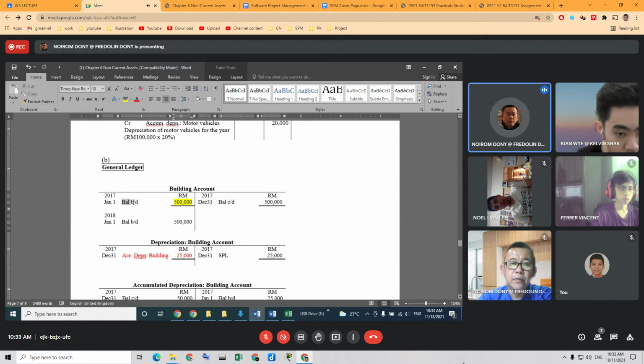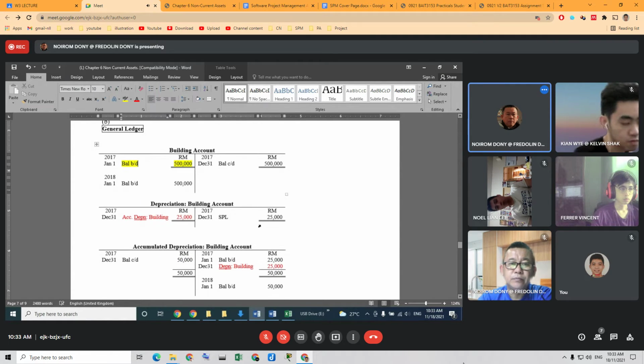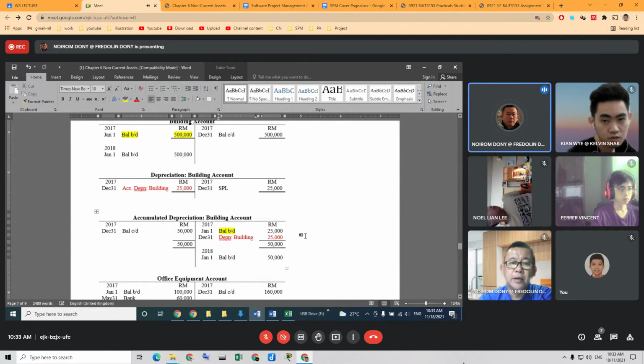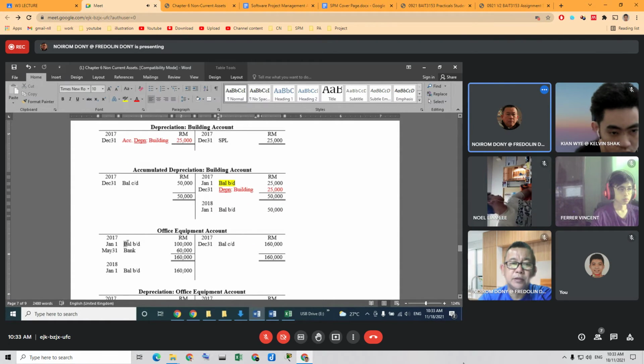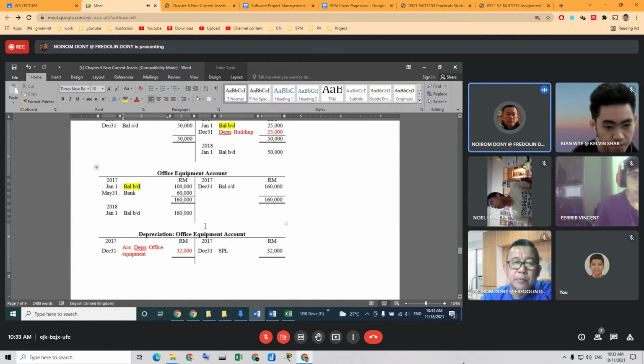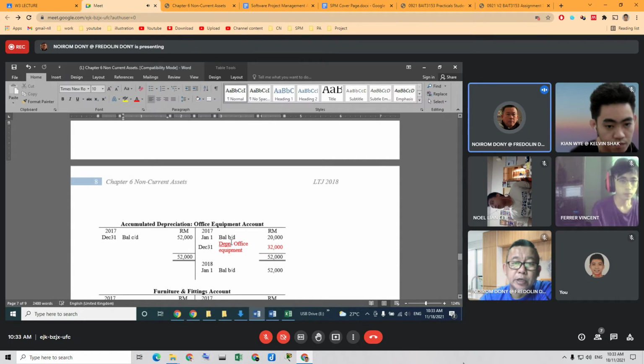Then next one, if you look at the trial balance, for building we have accumulated depreciation, so we record the opening balance first. And then office equipment, we have debit balance. We record the opening balance first. That is the first step. And then depreciation is an expense, so we don't have opening balance. But accumulated depreciation, we have the opening balance.